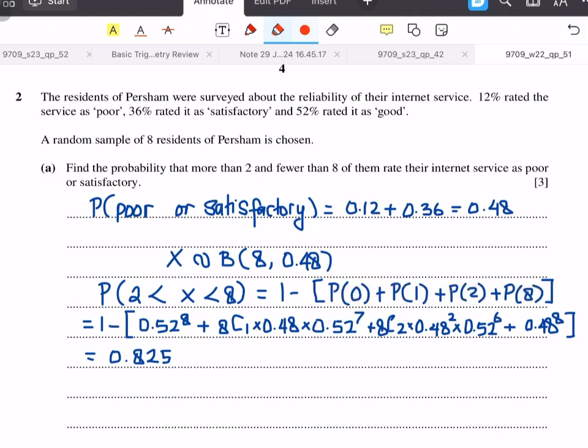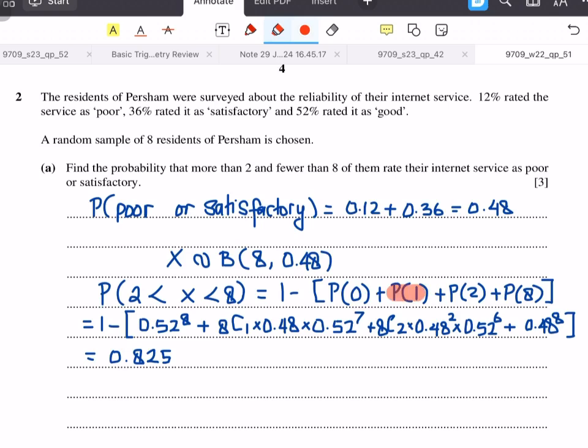So using the binomial distribution formula, it will be 1 minus 0.52 to the power of 8. 0.52 is the probability of the failure.